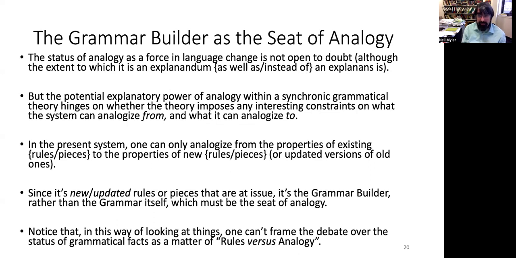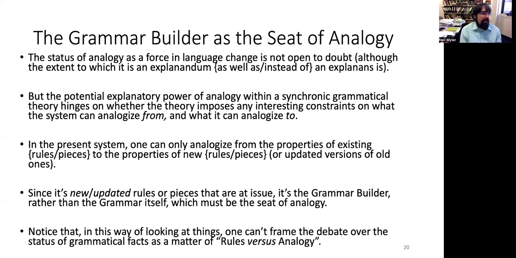I mean, the ancient Greeks were arguing about the role of analogy in grammar. So now the status of analogy as a force in language change is not open to doubt. The extent to which it's an explanandum as well as an explanans, or instead of an explanans, is debatable. But regardless, that's diachrony, right?